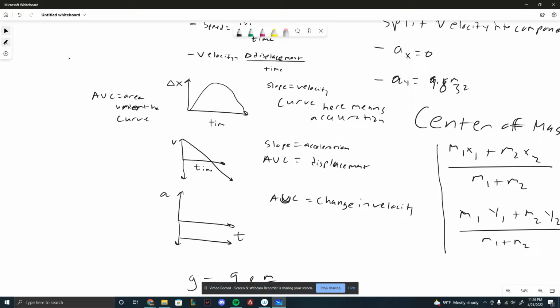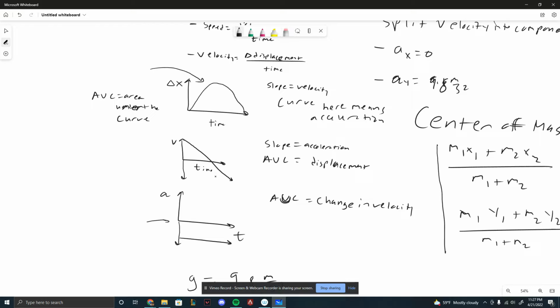What we can tell by this curve is that there is acceleration here, and that's highlighted in the acceleration versus time graph. These graphs all correspond to each other, and if you take a close look, you will see that this is the position versus time graph, velocity versus time graph, and acceleration versus time graph for something in free fall. So let's say an object thrown straight up, and then that comes down.